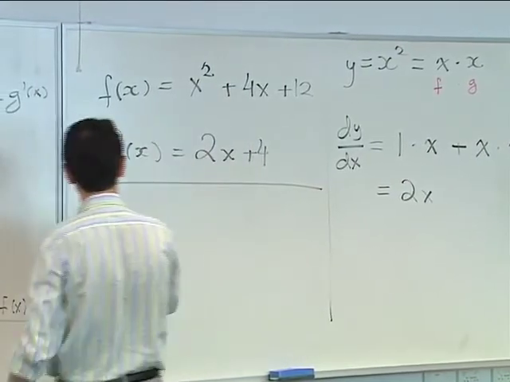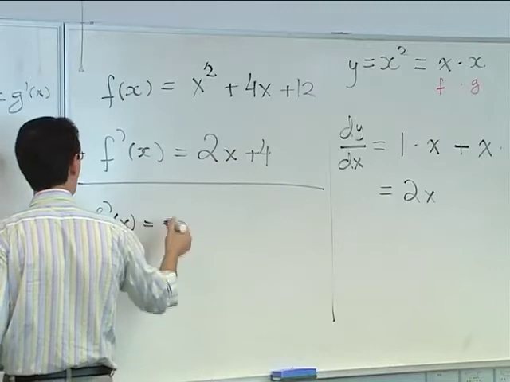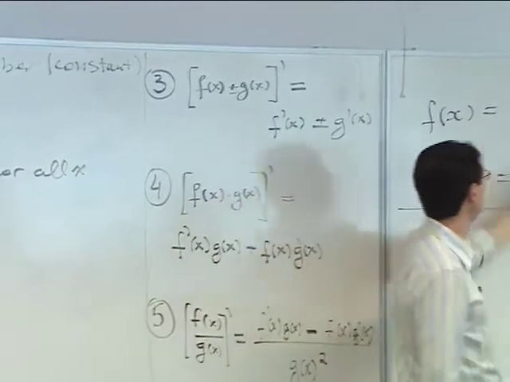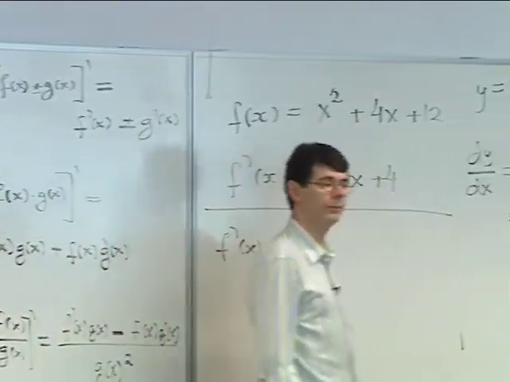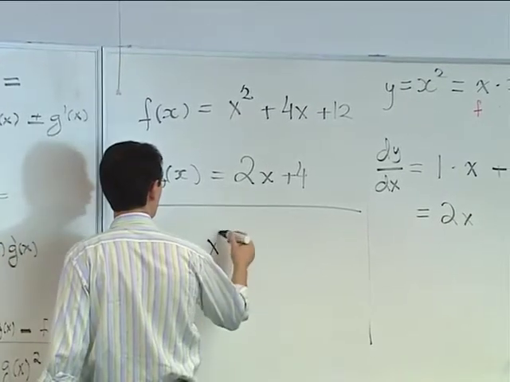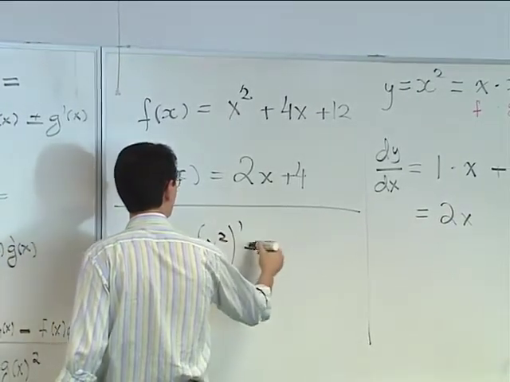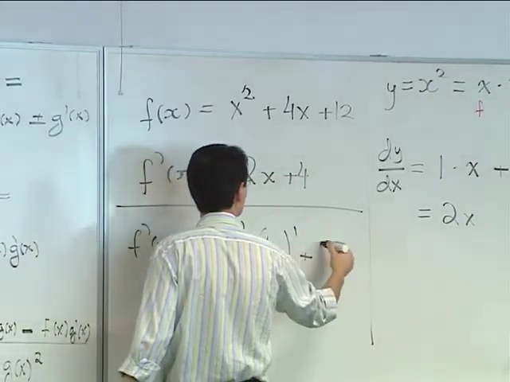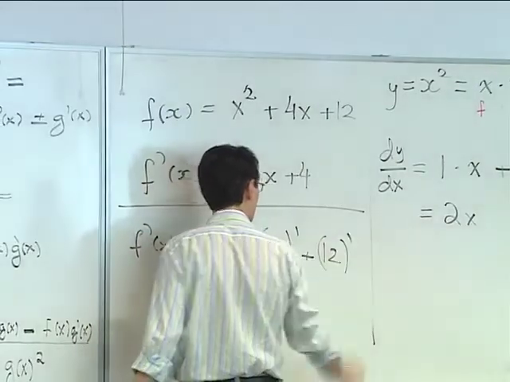What's the derivative here? What's f prime of x? Well, according to this rule here, when you have a big sum, you can do each one independently. Okay? So that is going to be x squared derivative plus 4x derivative plus 12 derivative.